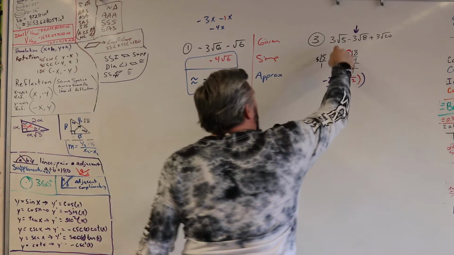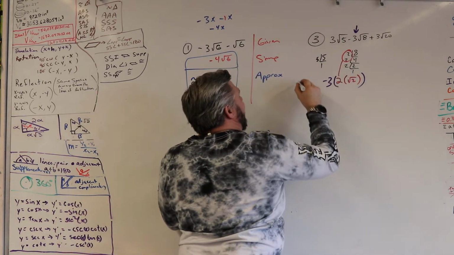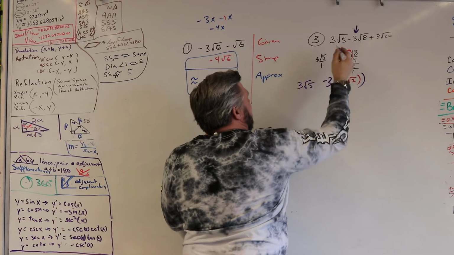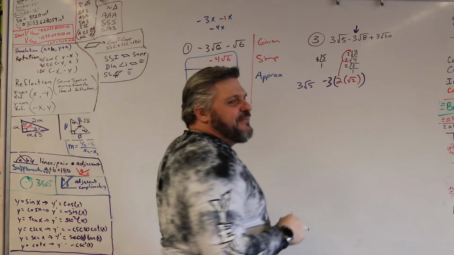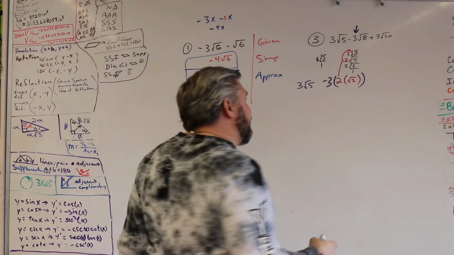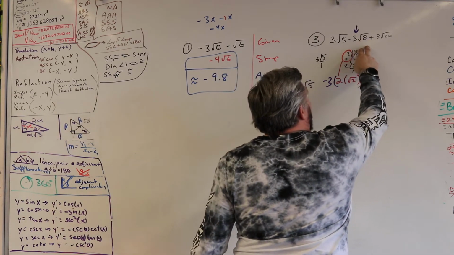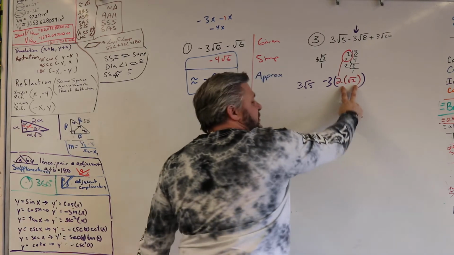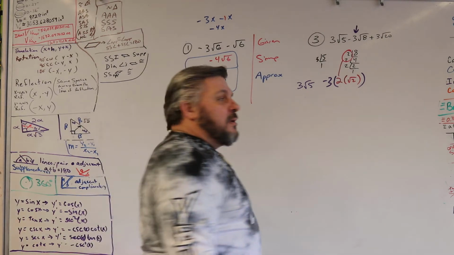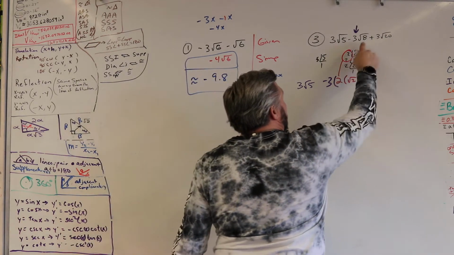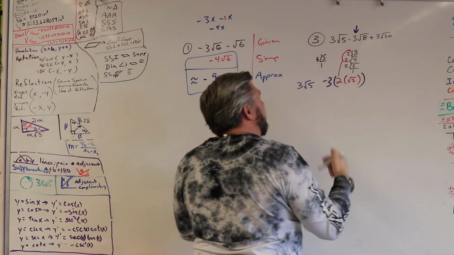In this beginning one, we still just have 3 square roots of 5 because that's all there is. You can't break down 5. So that's done, right? But with this one, you break this square root of 8 down, so it's 2 square roots of 2. And so you have 3 of those 2 square roots of 2. All right? And we're going to talk about that next.